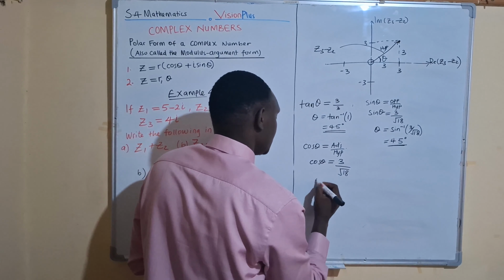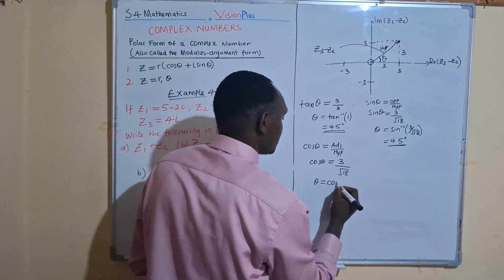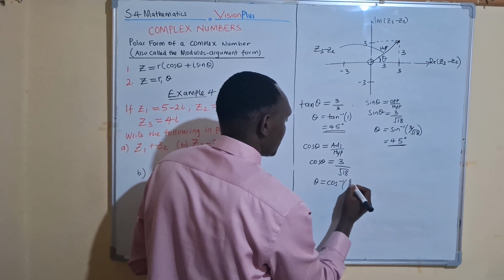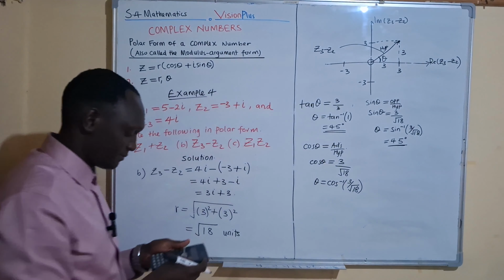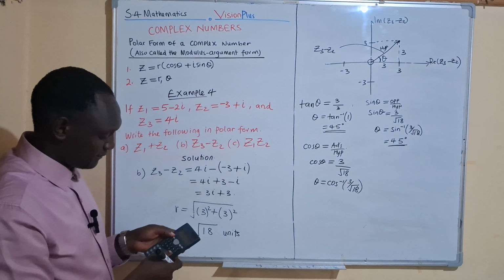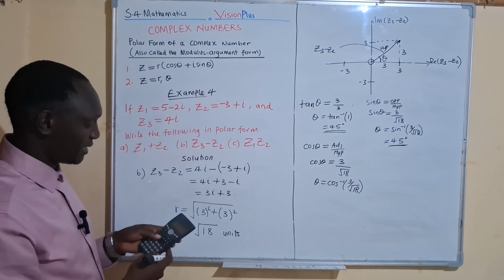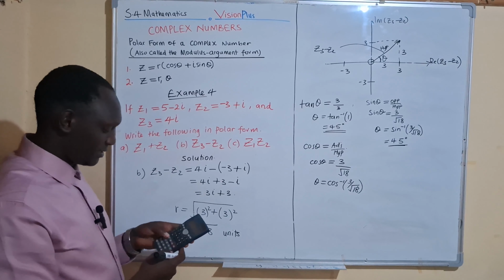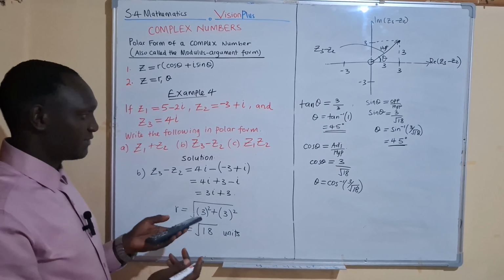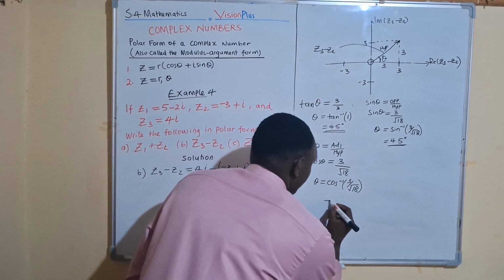That means theta becomes the cos inverse of 3 out of root of 18. Then you press shift cosine to give you cosine inverse, open the bracket, 3 divided by root of 18, and close the bracket. It's giving me 45 degrees.